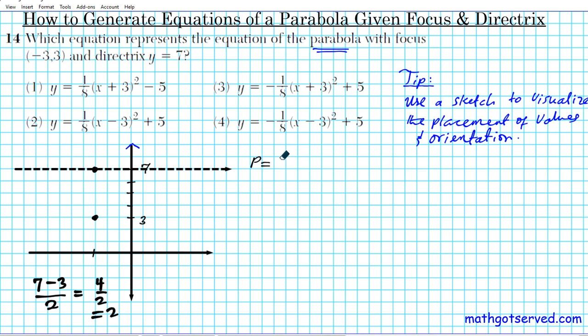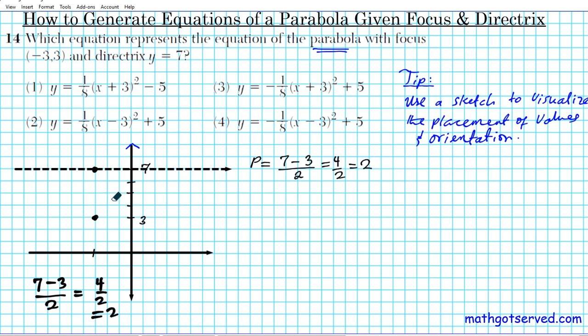So the p-value is basically the y value for the directrix minus the y value for the focus over 2. Alright, so it's 4 over 2. This is one way of finding that p-value.